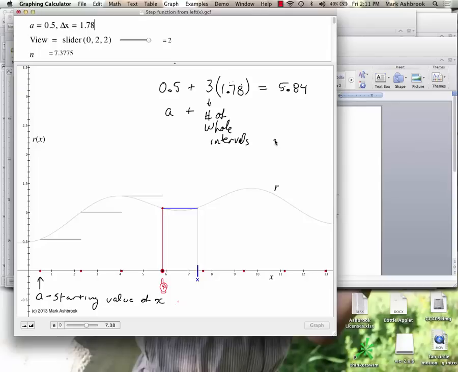That's why we're doing this. We need to mathematically pinpoint things so that we can tell technology what to do for us. So A plus the number of whole intervals times delta x should make sense, that it will give us that x value right there.